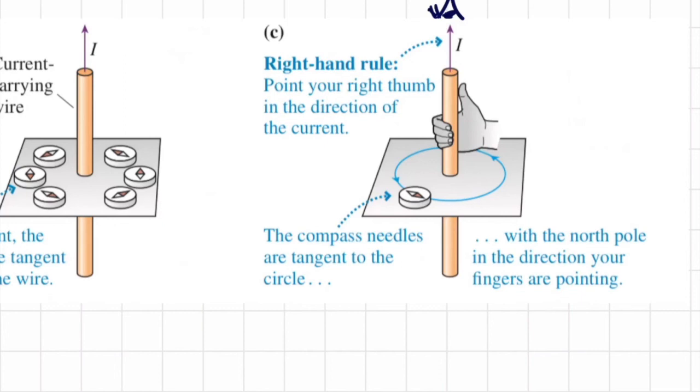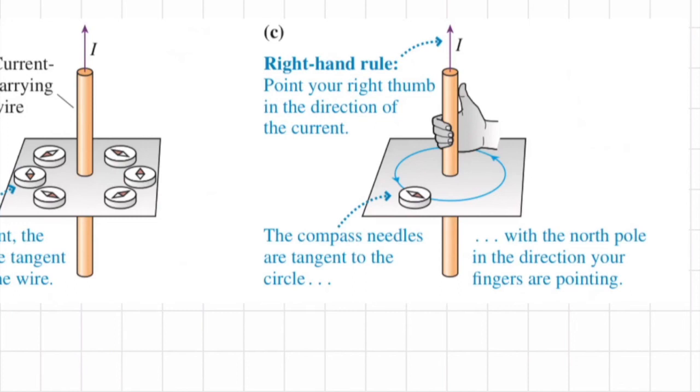The one shown in the diagram is going counterclockwise. To find the direction of the magnetic field, you have to use the right hand rule. The thumb points in the direction of the current, and you grab the wire with your other four fingers, and the direction of your fingers tells you the direction of the magnetic field. So in this case it's going like this.